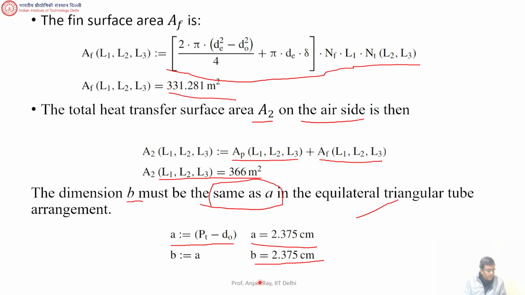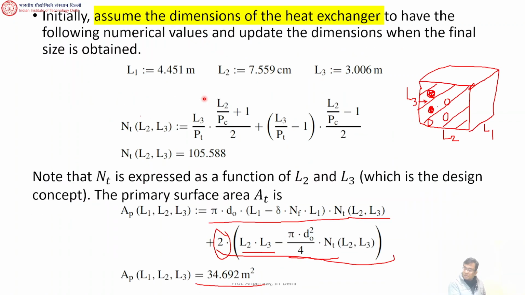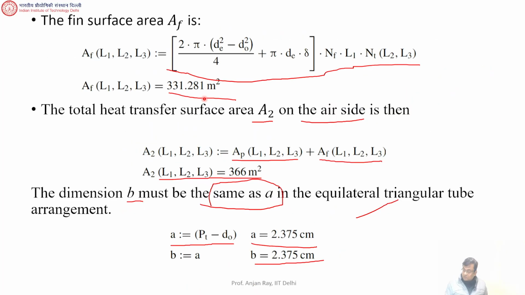And then we calculate the fin area, and the fin area is 331 meters squared. What was the other one? 35, let's say. And this is 331 meters squared.